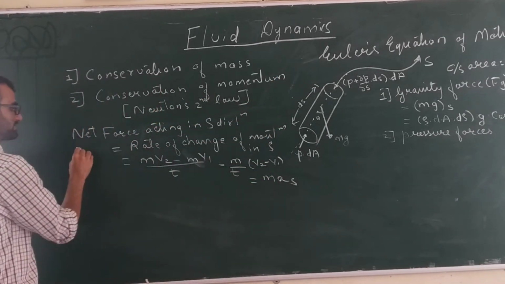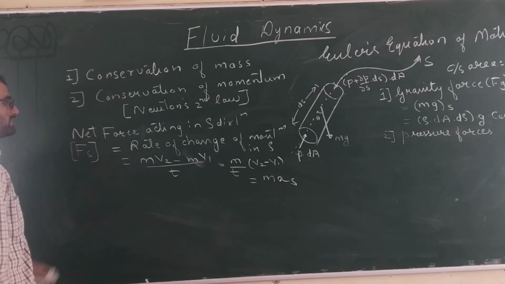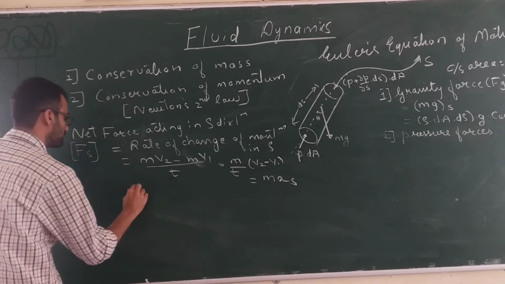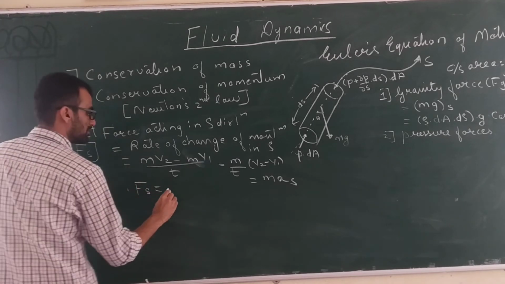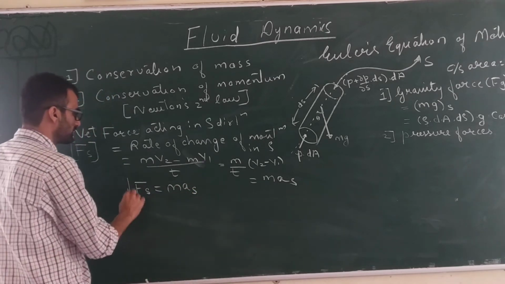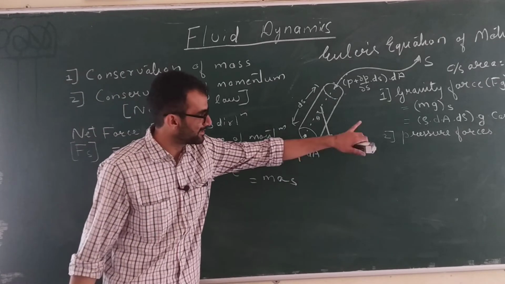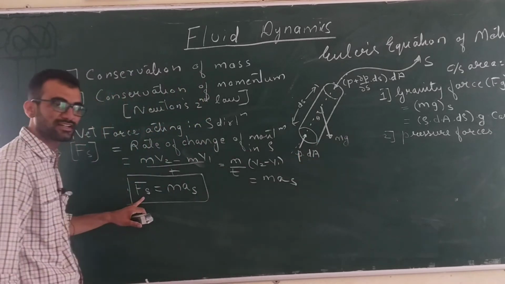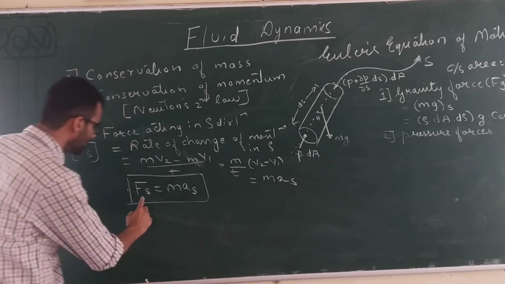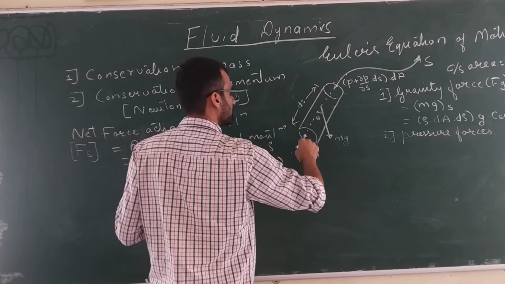So the net force acting, Fs, in the s direction will be mass into acceleration in the s direction. This is according to Newton's second law of motion. Now we know what the forces acting are, so we just replace this net force. Take this direction as positive. So what forces do we have along this s direction?